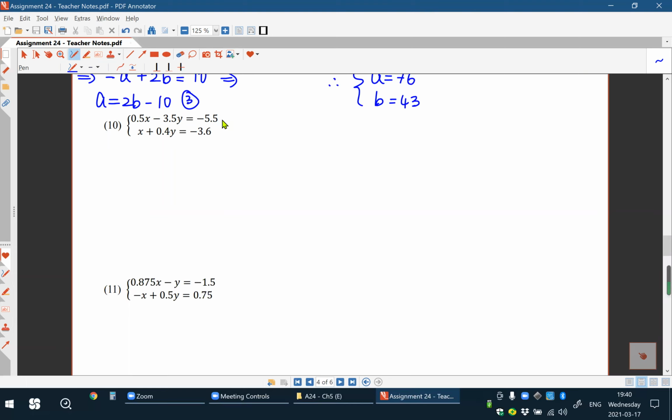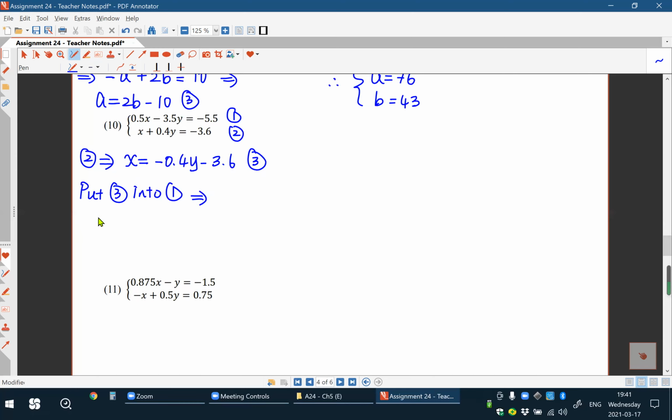Okay, next one, note that we can directly solve x in terms of y from the second equation, right? So from the second equation, we can solve x equals minus 0.4y minus 3.6. So let's label this with 3. Then we can put 3 into 1.